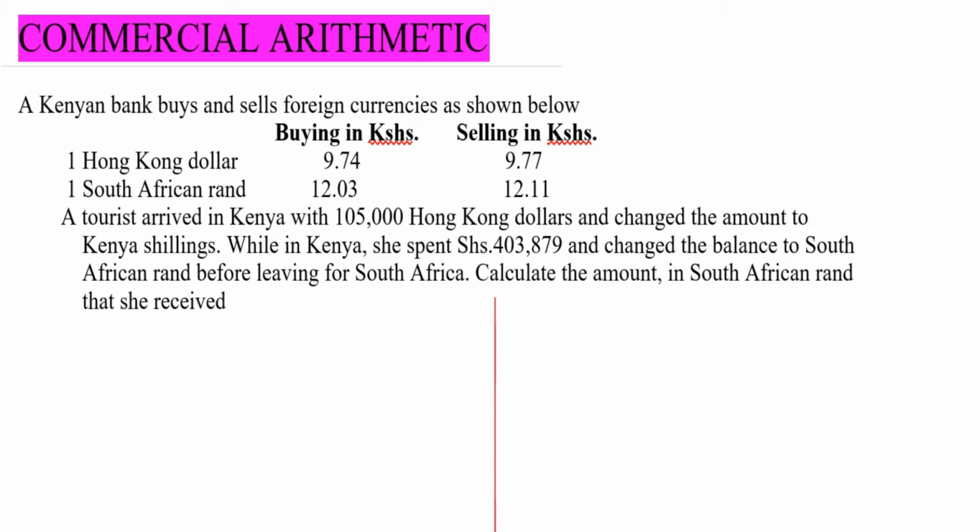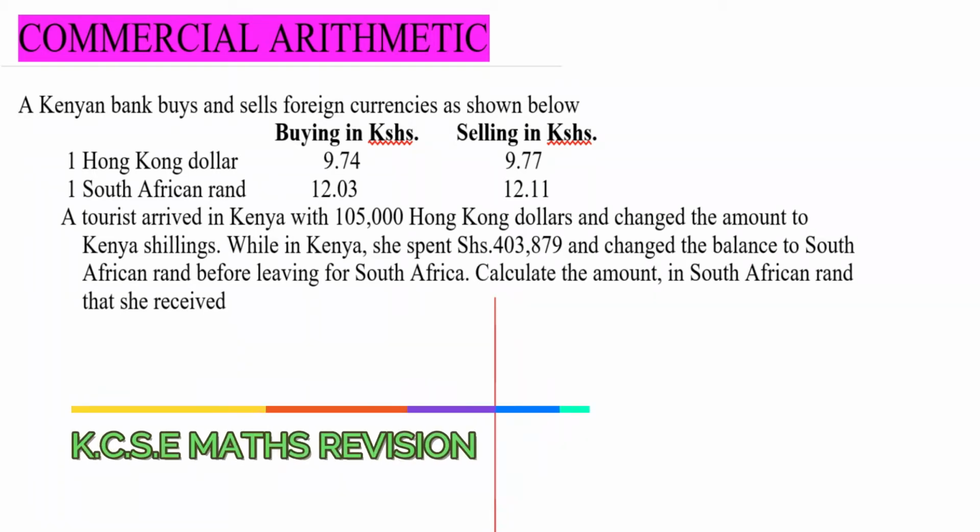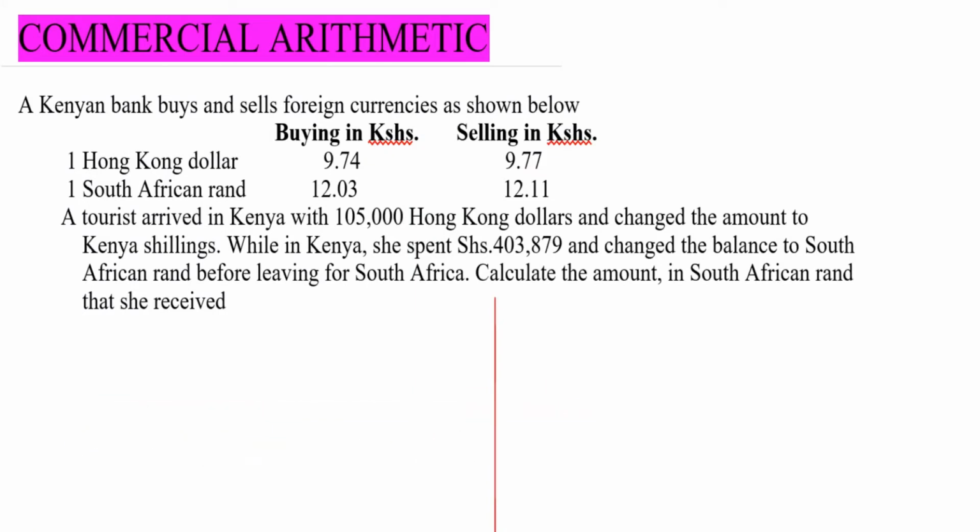A tourist arrived in Kenya with 105,000 Hong Kong dollars and changed the amount to Kenyan shillings. While in Kenya, she spent Kenyan shillings 403,879 and changed the balance to South African rand before leaving for South Africa. Calculate the amount in South African rand that she received.